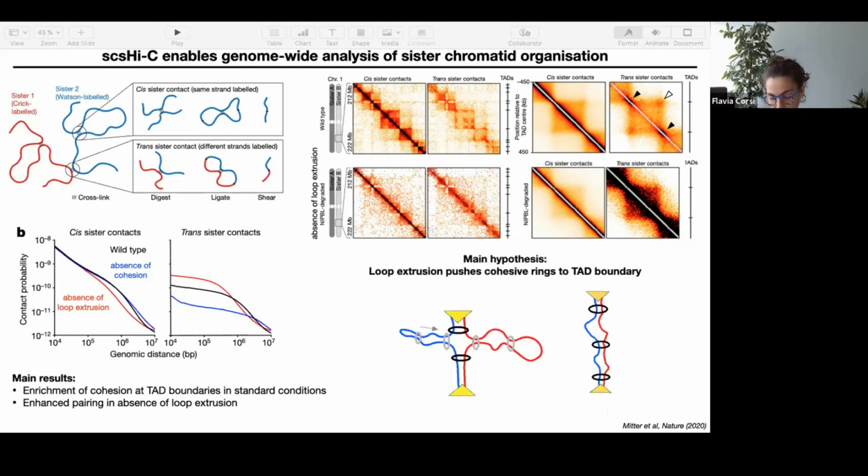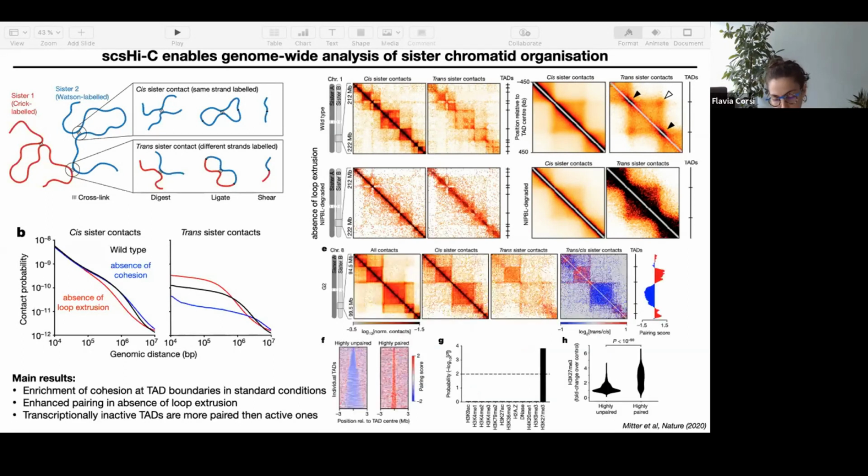So this is a sketch of what we understood from this contact probability plot. Our main hypothesis is that loop extrusion mechanisms may push cohesive rings to TAD boundaries, while when we remove loop extrusion mechanisms, the cohesive rings can more uniformly distribute between the two boundaries, also relaxing the misalignment.